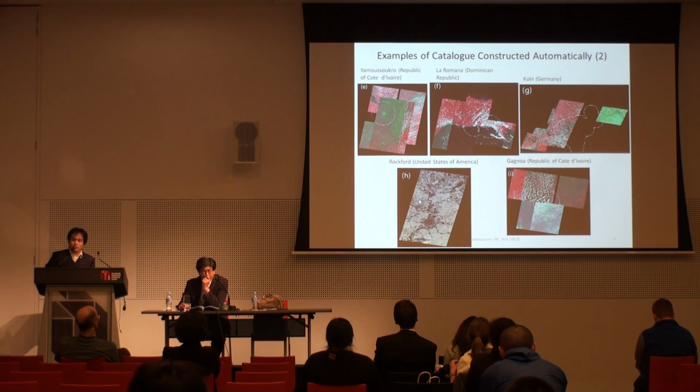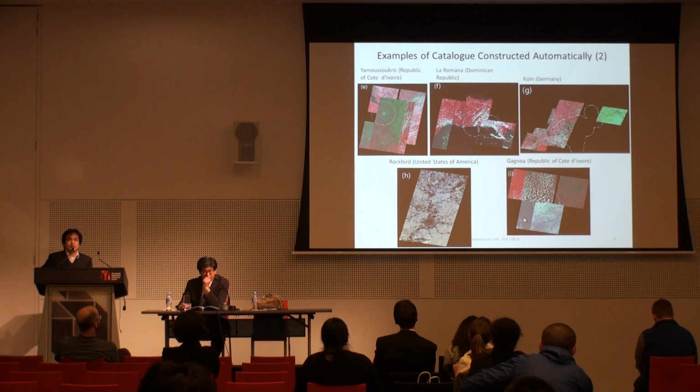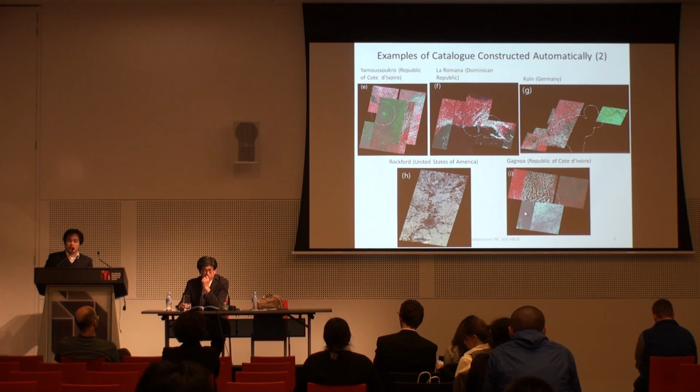Also, Rockford had snow cover like this, and Genoa is densely cloud contaminated. Then, such bad combinations were about 30% of the combinations of the cities.